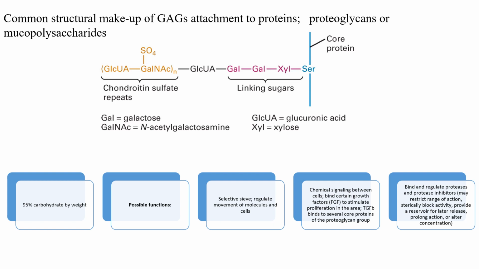Elongation of glycosaminoglycans is performed by the action of enzymes that add one monosaccharide at a time to the end of the growing chain. N-acetyl galactosamine transferase and glucuronide transferase are involved in the biosynthesis of chondroitin and dermatan sulfate.